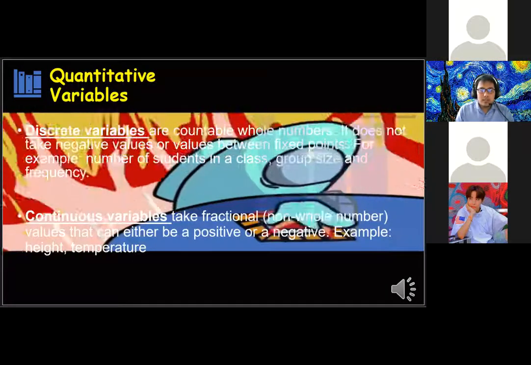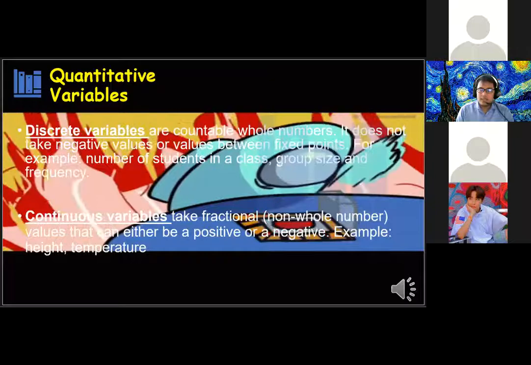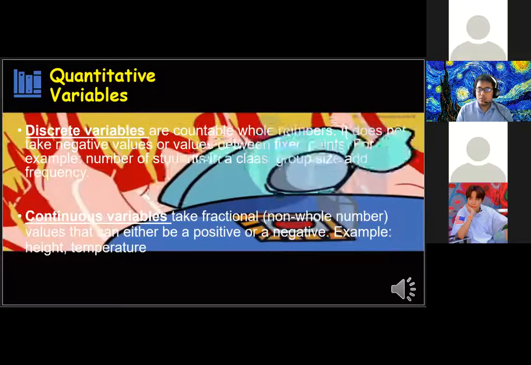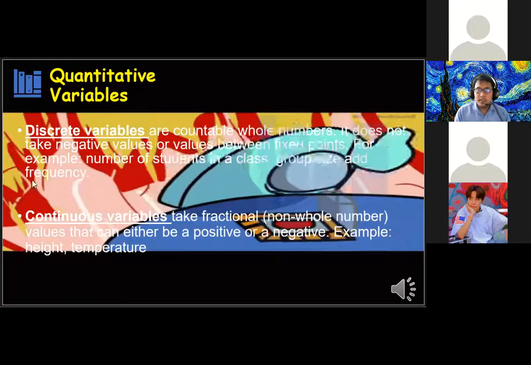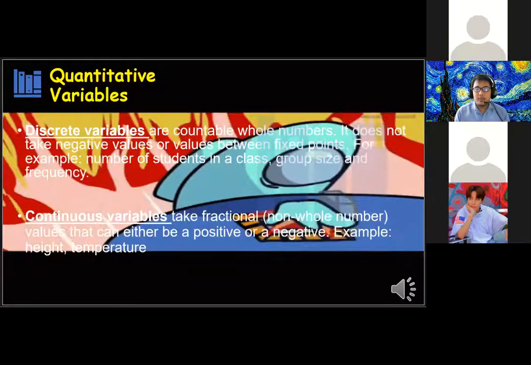So quantitative variables. So pag sinabing quantitative variables, this refers to numerical variables. So meaning numeric. Meron tayong dalawa, si discrete tsaka si continuous. Okay, so para mas madali na lang, discrete variables are countable numbers.